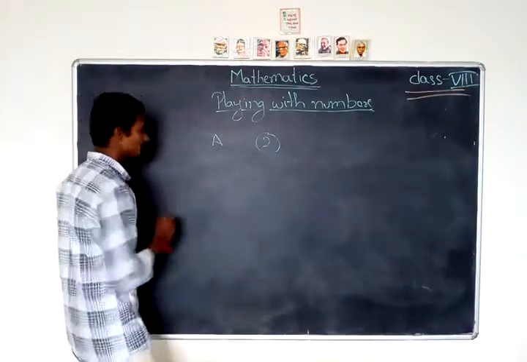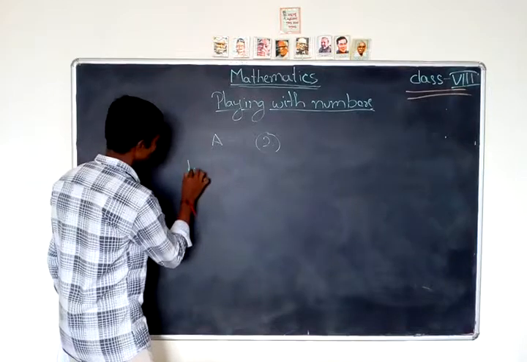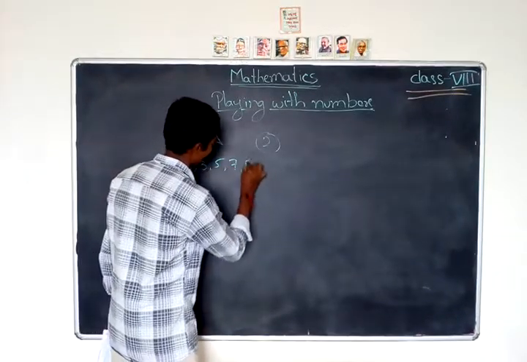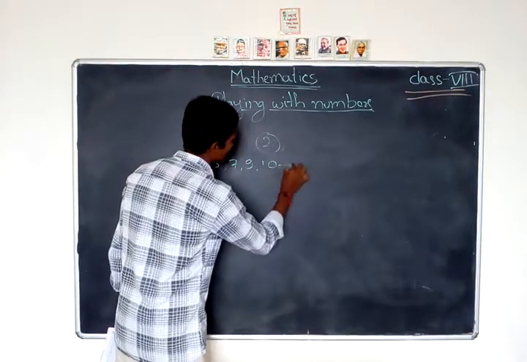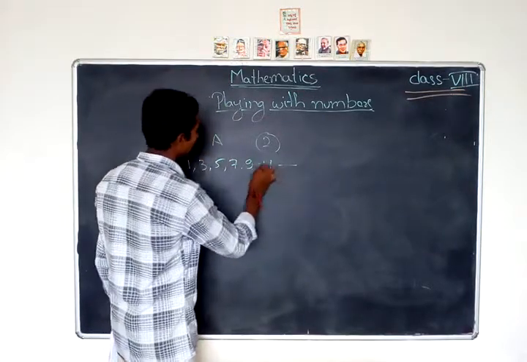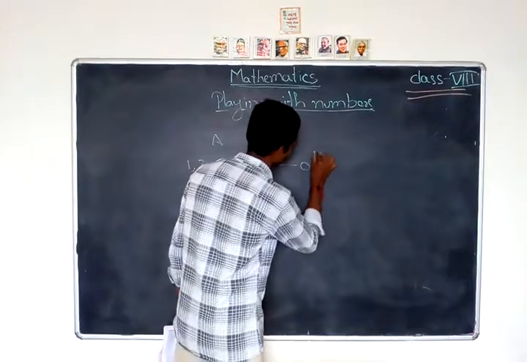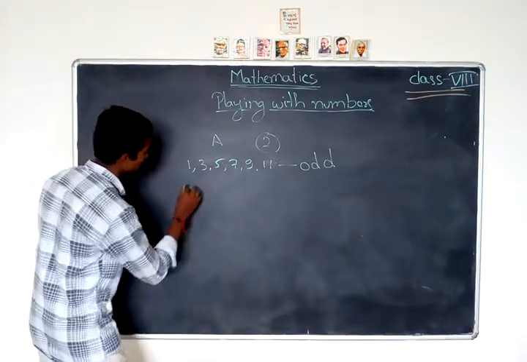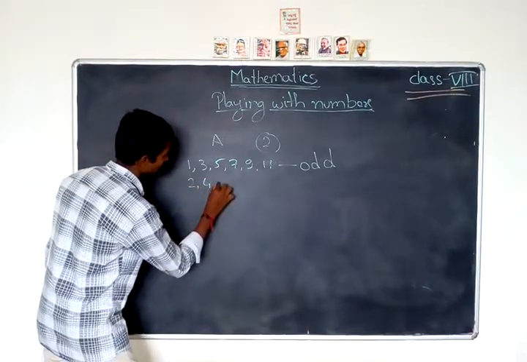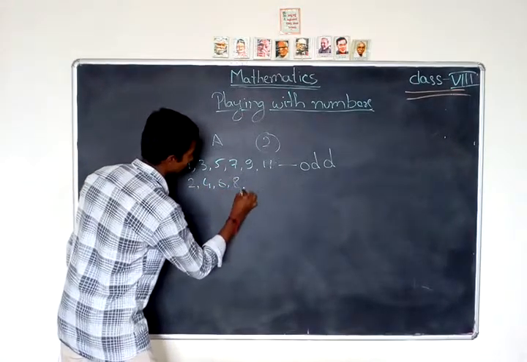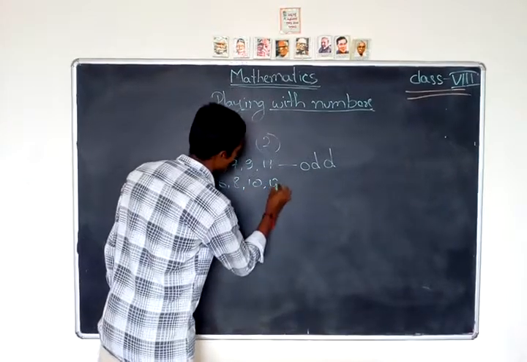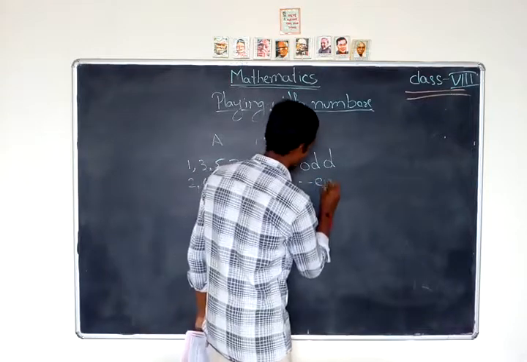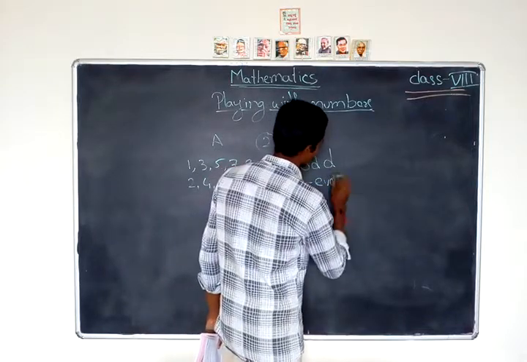For example, as we all know, 1, 3, 5, 7, 9, 11, these are odd numbers, and 2, 4, 6, 8, 10, 12, and so on, these are even numbers.